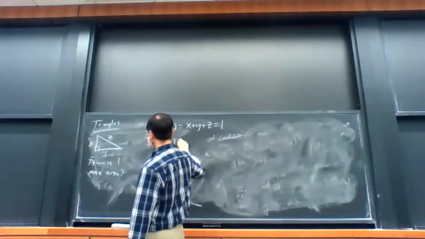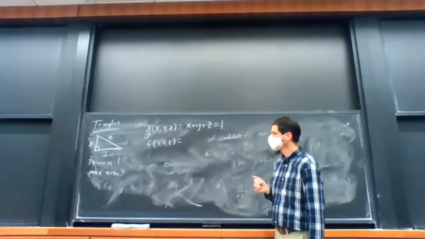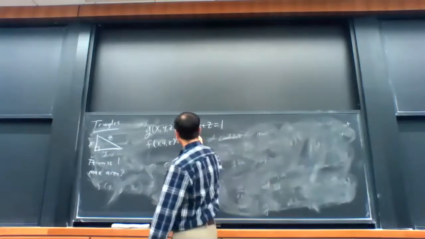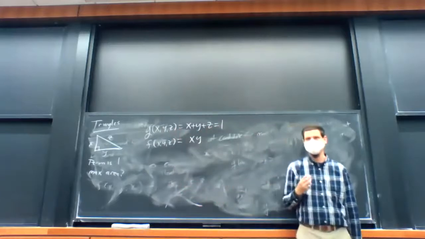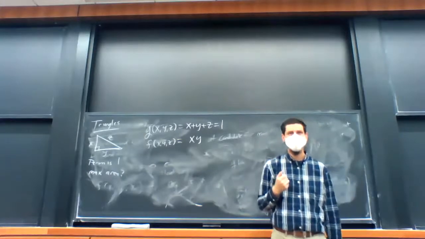So f of x, y, z is x times y over 2. Or could I just maximize x times y? Am I maximizing the area if I do x times y? Technically, what am I maximizing?